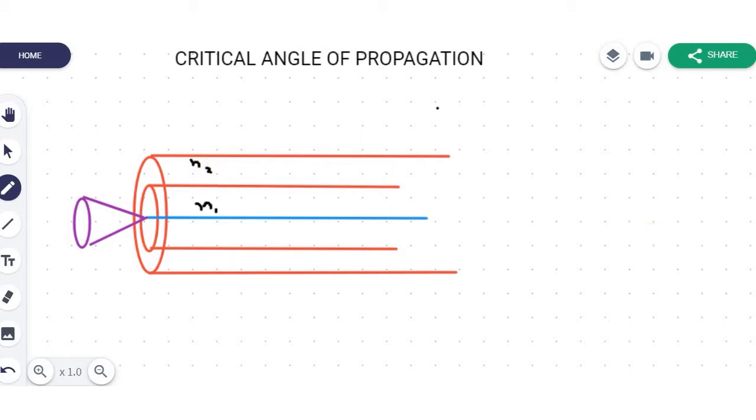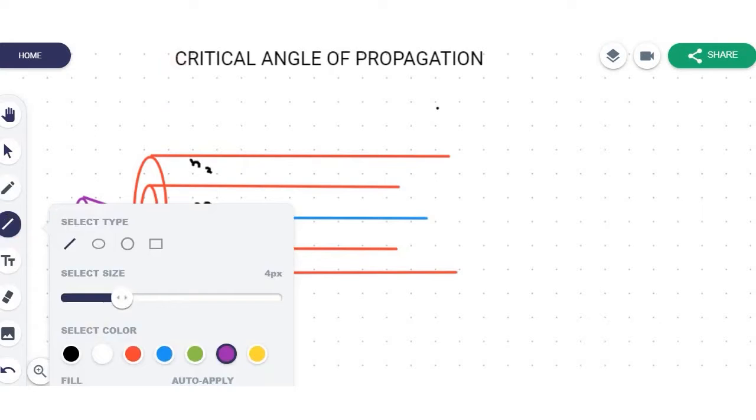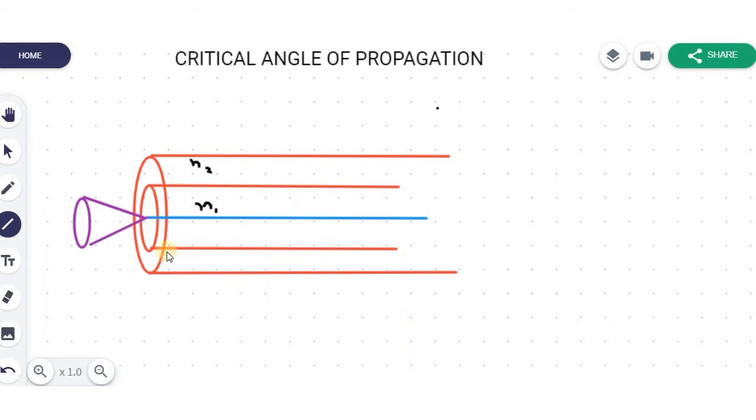That you know already. Now suppose we have a ray which is entering the core region. It is making an angle theta with the axis.